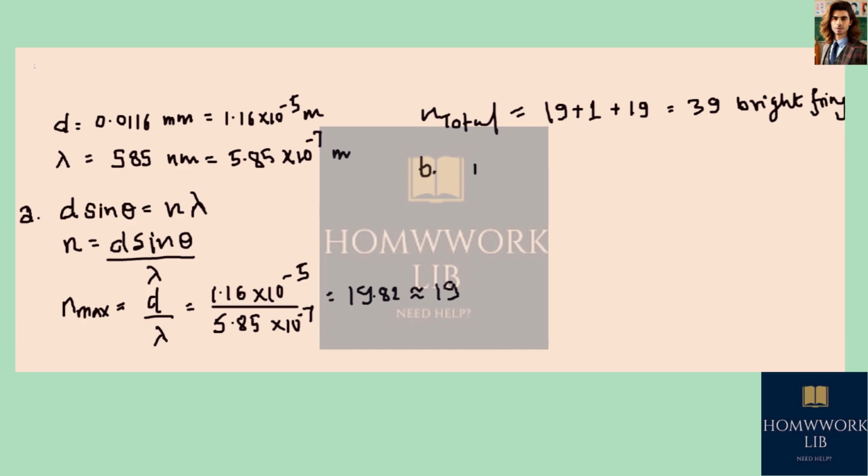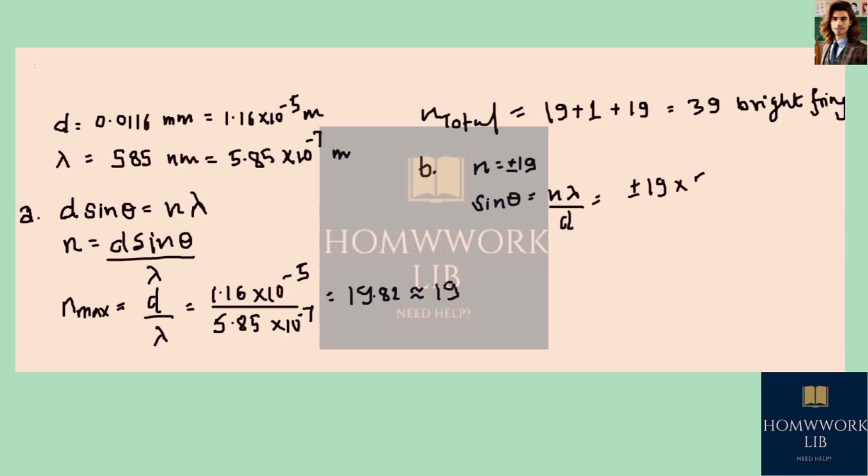For the most distant fringe, n is equal to 19 because there is the 19th fringe, right? So let me write plus minus 19 because we will have the distant fringe on both sides. So sine theta equals n lambda by d, right? So what is n? Plus minus 19.